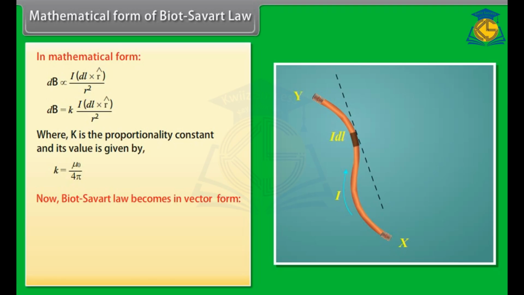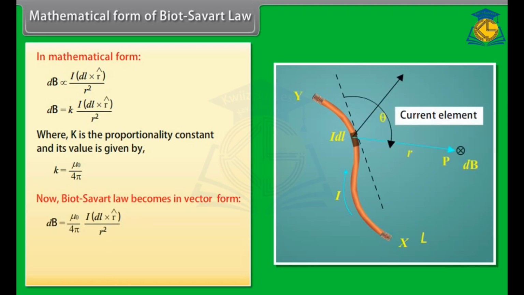Now the Biot-Savart law in vector form is given by dB is equal to mu naught upon 4 pi multiplied by I and cross product of dl and r cap divided by r square. And in magnitude form, dB is equal to mu naught upon 4 pi multiplied by I dl sine theta divided by r square.